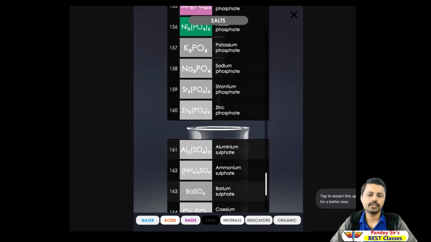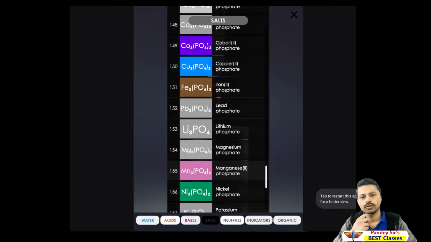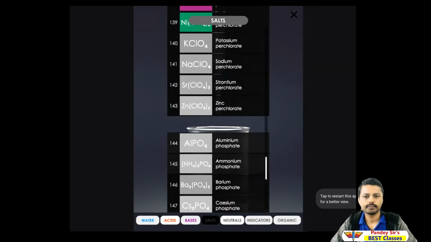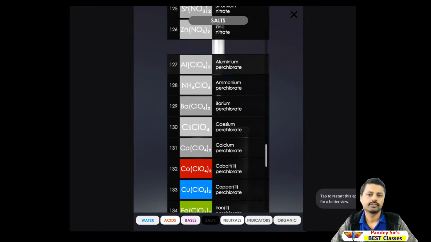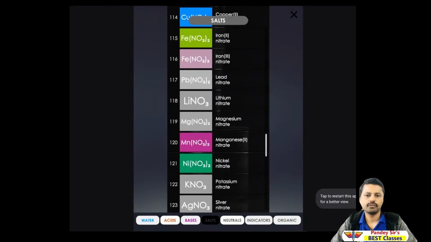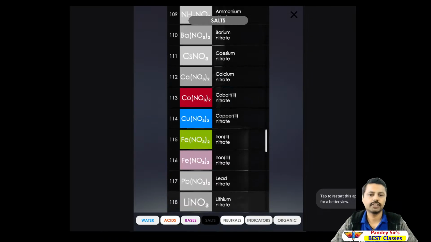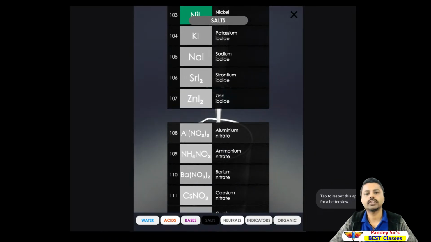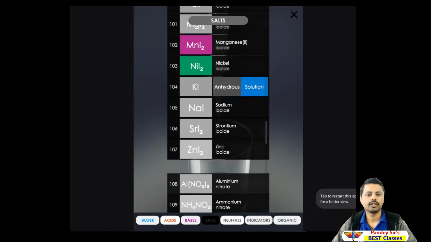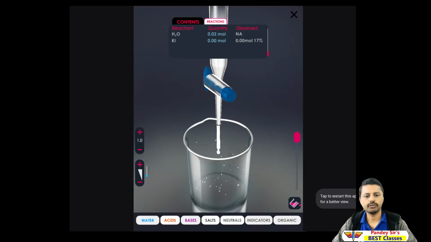KI is not visible over here. I will check once again. Iodide. If NaCl was there, then KI should be there. Oh my god, right at the start I could see KI. So potassium iodide is actually available. Let's take it, solution form.